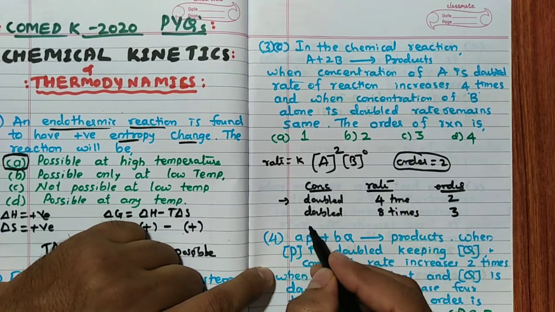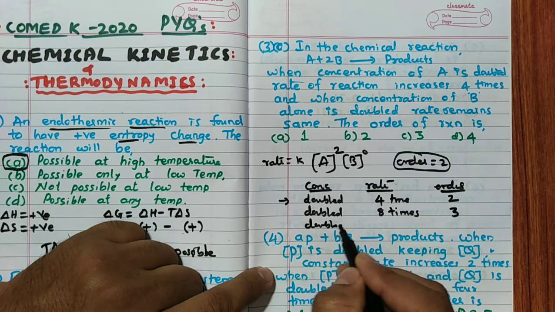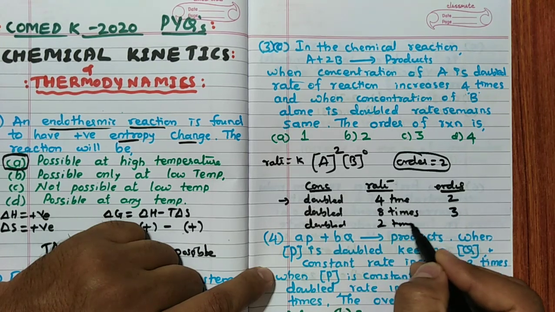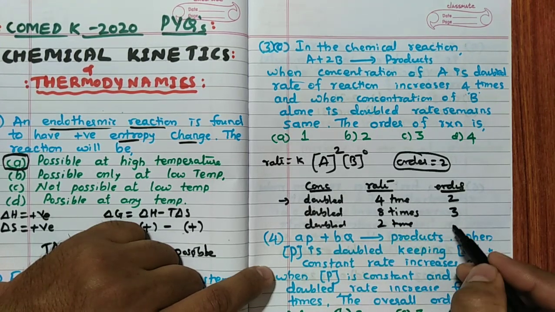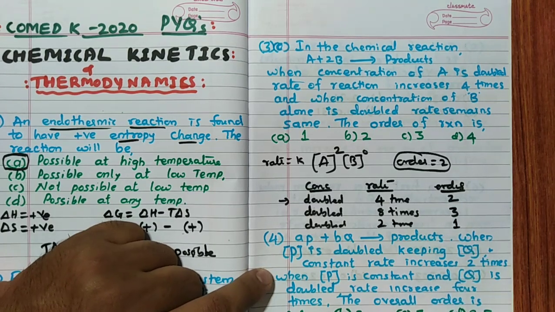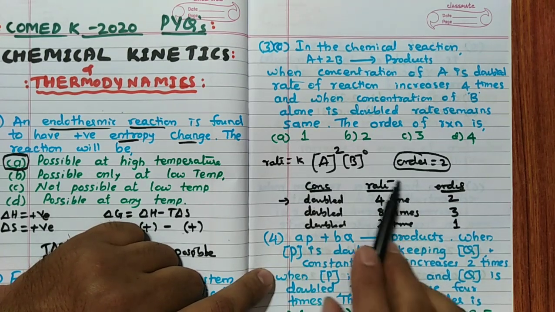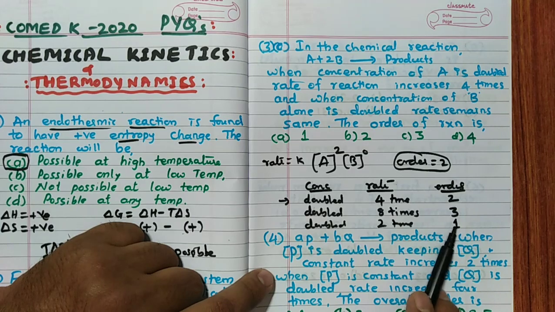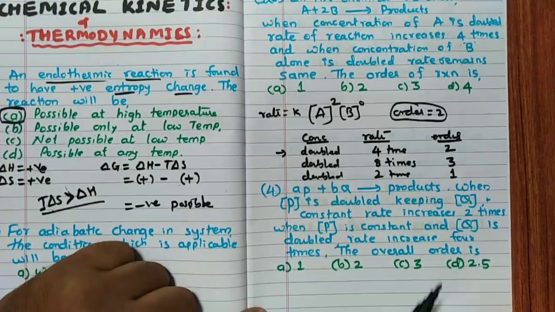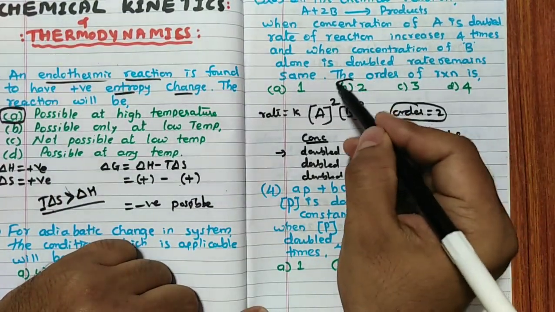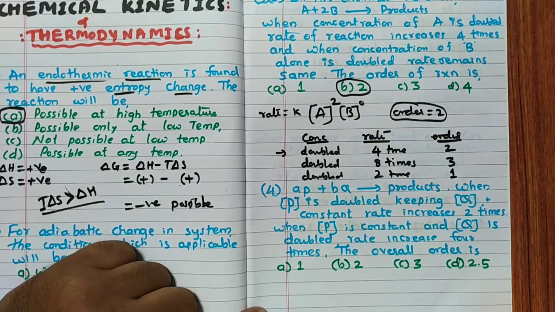When concentration is doubled and rate increases 2 times, concentration and rate increase the same, then it is first order. If concentration is doubled and rate does not change, that is zero order. Remember this point. Now based on that we will solve this. See, order is 2. Answer is B.